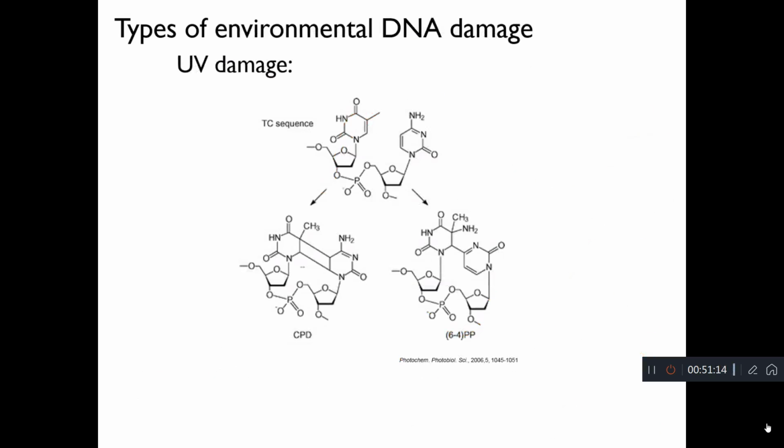Okay, so the next kind of damage is UV damage from Mr. Golden Sun. So this is one I'm pretty sure you're hopefully familiar with. And the idea here is that UV light can be absorbed by pyrimidine bases.